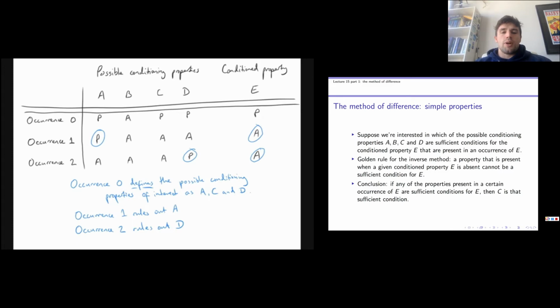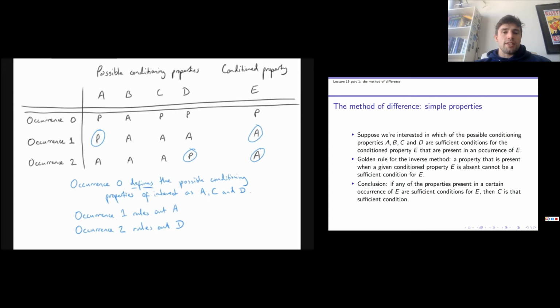The method of difference is important for us, right? We can imagine a situation in which our murder detective, who we've been thinking in terms of, comes to a crime scene where there is a dead body. Suppose there are no marks on the body, it's just lying still on the floor. Then the detective's job is to figure out the cause of death. And from the detective's perspective, being run over by a steamroller, for example, is certainly a sufficient condition for somebody dying.